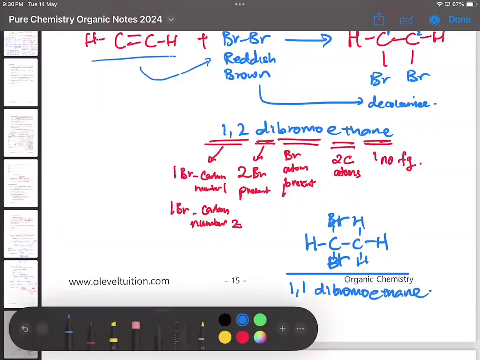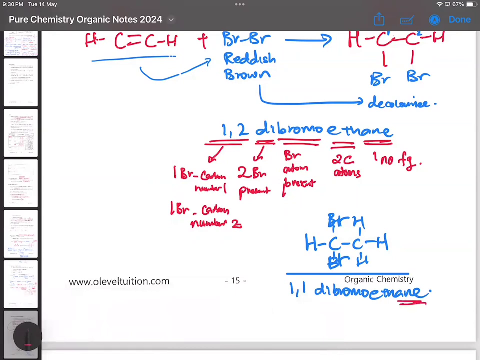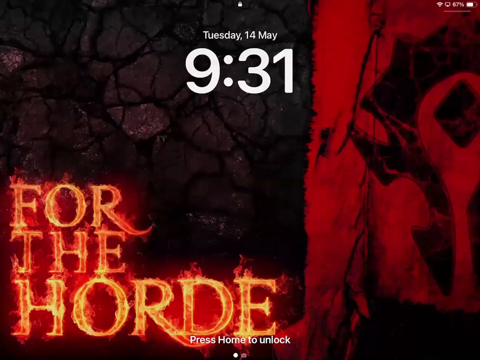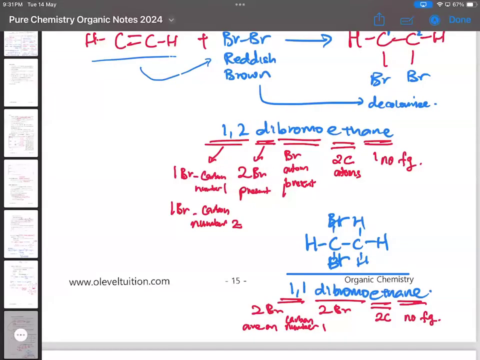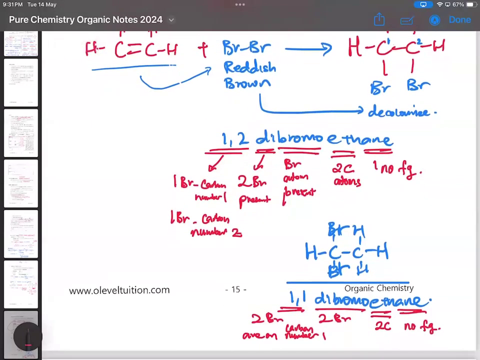For the same reason: why is it ANE? Because there is no functional group. Why is it eth? 2 carbon. Why is it dibromo? There's 2 bromine present. And 1,1 is to tell you that the 2 bromine are on carbon number 1. So that's the reason why the numbers in front are important for you to tell where the bromine are situated.